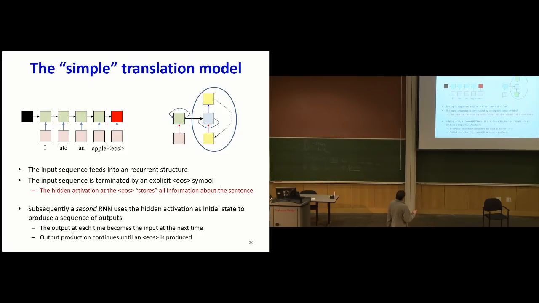And subsequently, this second recurrent network is going to take this, and, to answer Swapnil's question, some extra inputs, and produce outputs. And this will generate an output word sequence. And when will it stop generating the output word sequence? The moment it encounters the end of sequence marker.